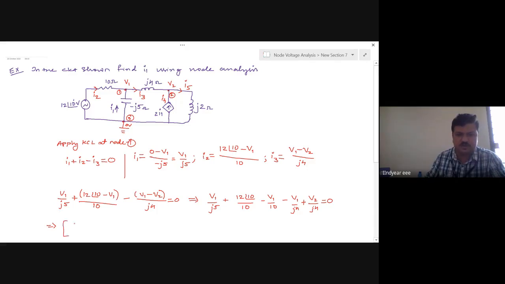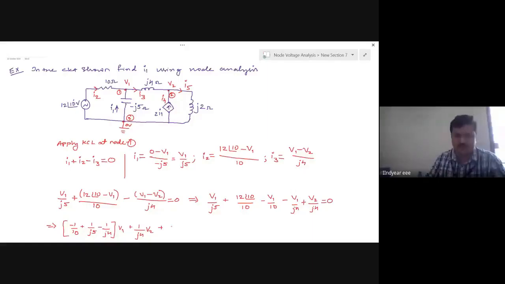So this implies first we'll take the coefficients of V1, it is minus 1 by 10. 12 by 10 at an angle 10 is 1.2 at an angle 10.